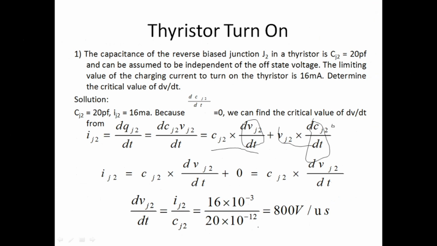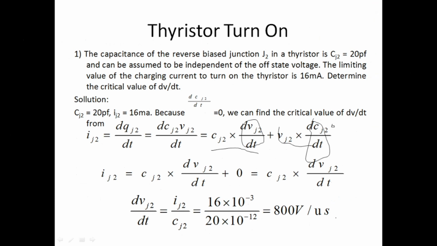Writing that as minus 6 plus minus 2, the minus 2 goes to the numerator as plus 2, so 800 volts per microsecond.